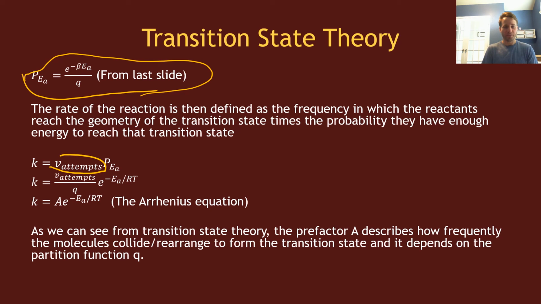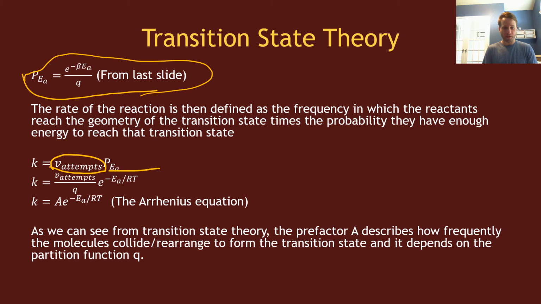So I'm going to have this kind of rate aspect to it. There's a probability that they have the energy, and then there's something times the speed at which they're colliding, and colliding in the right orientation. So these are these two parts, and it's the product of these two things that gives me the overall rate constant.